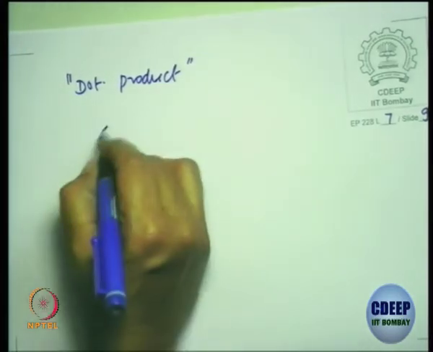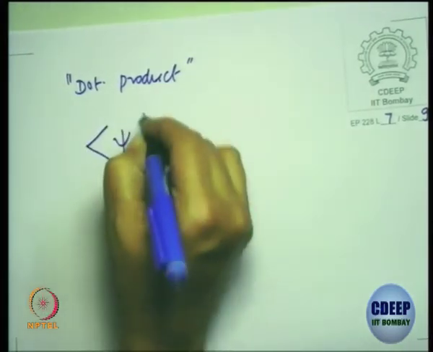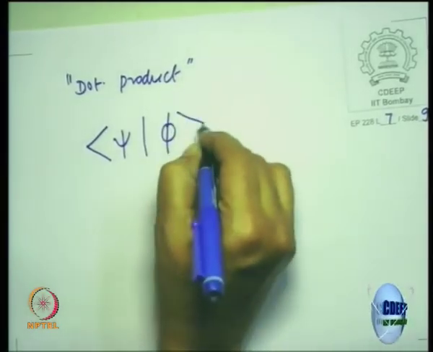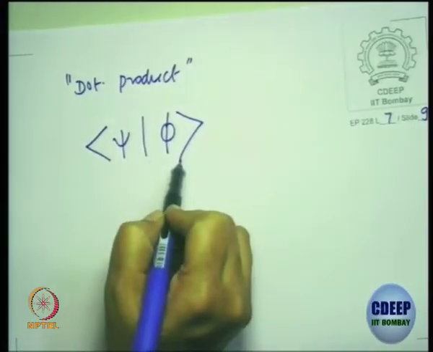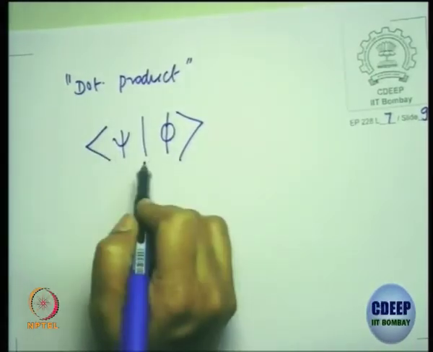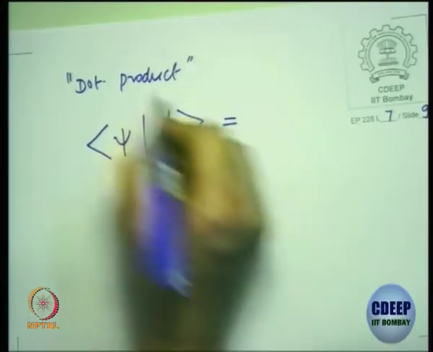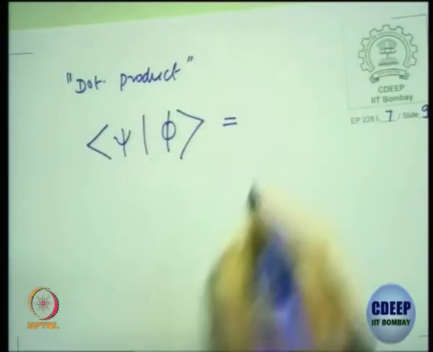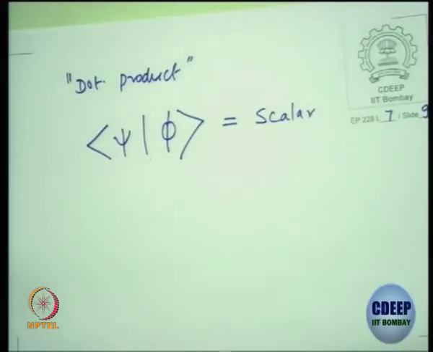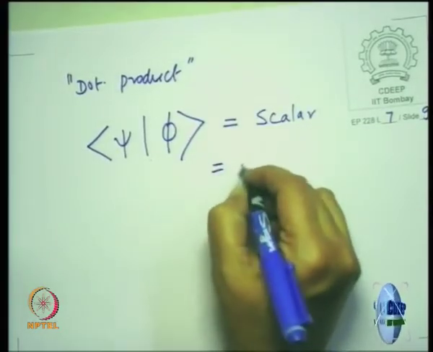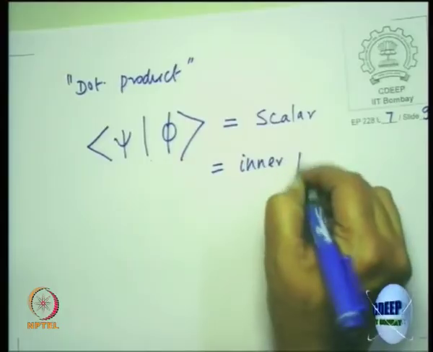We could write psi times phi, a ket contracted with the bra. This is supposed to be like a dot product which will give you a scalar, and this is sometimes called an inner product.